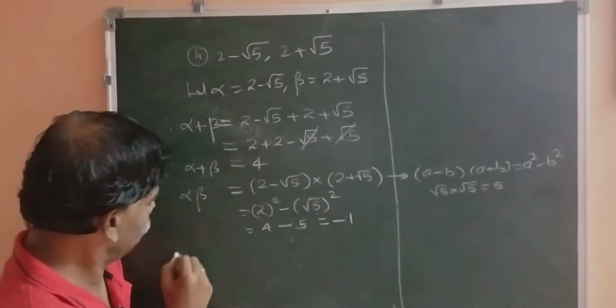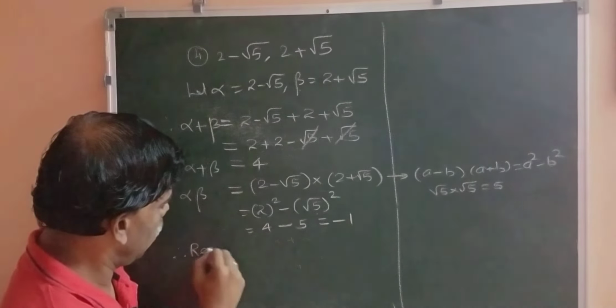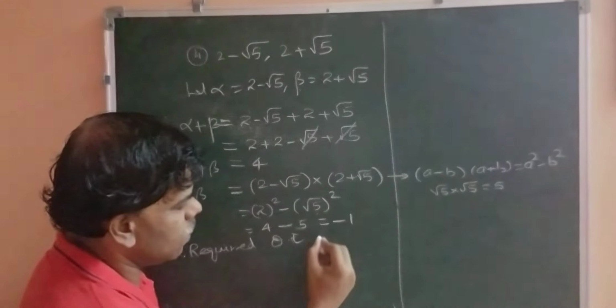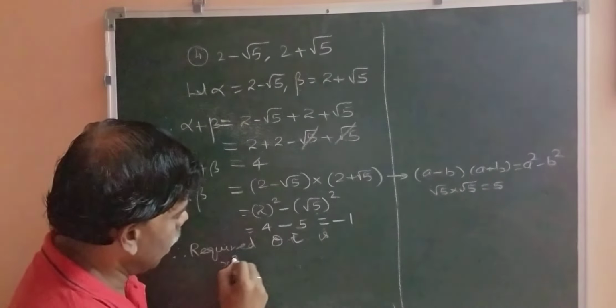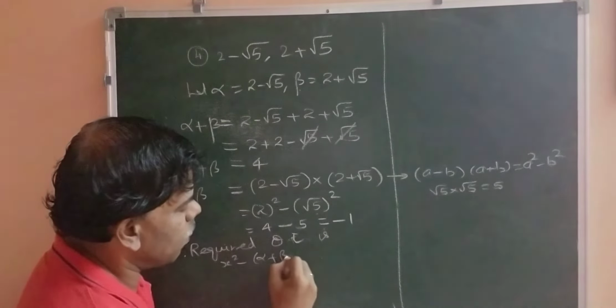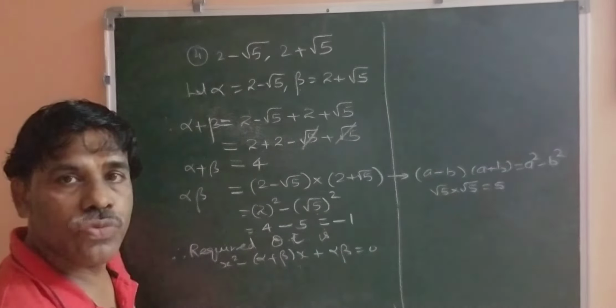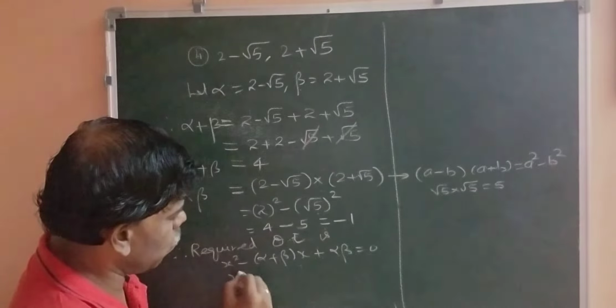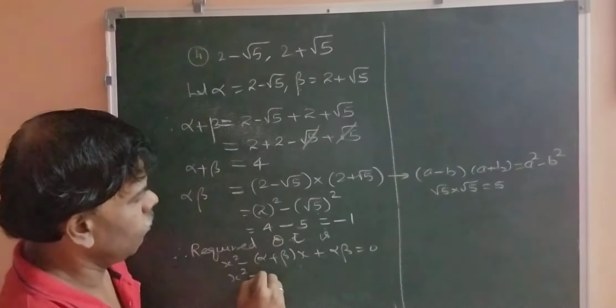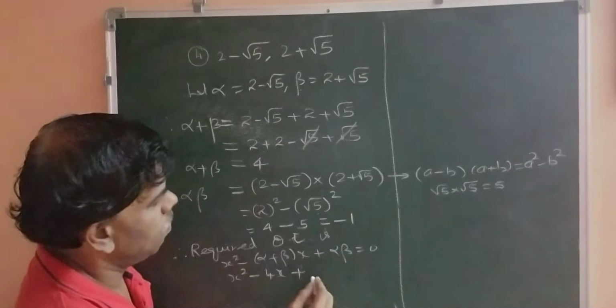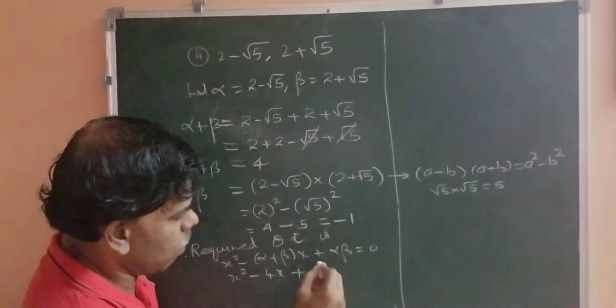Therefore, the required quadratic equation is x square minus alpha plus beta into x plus alpha beta equal to 0. So substitute minus 4x plus minus 1.